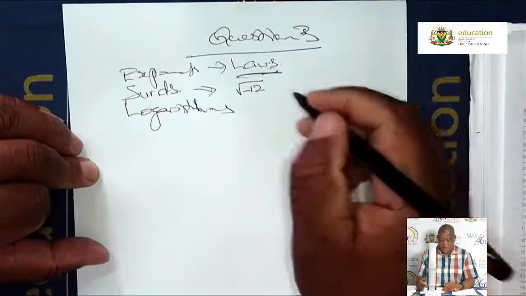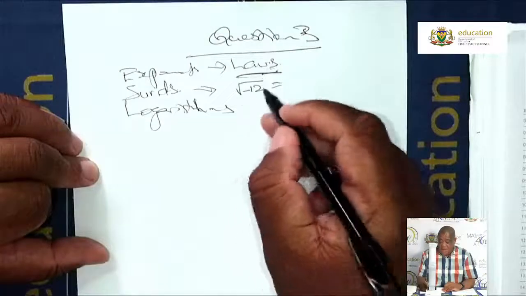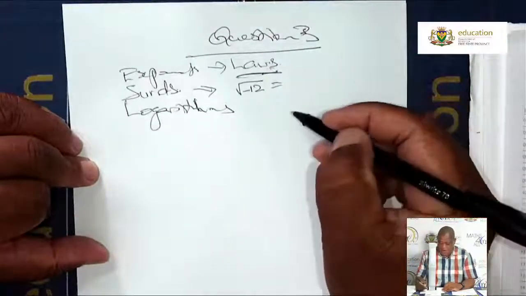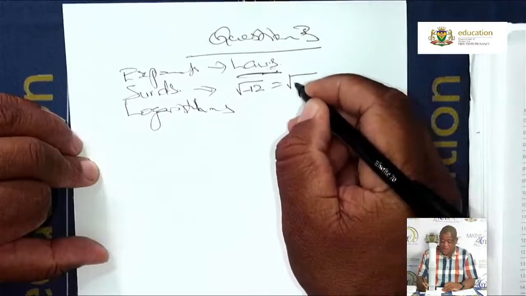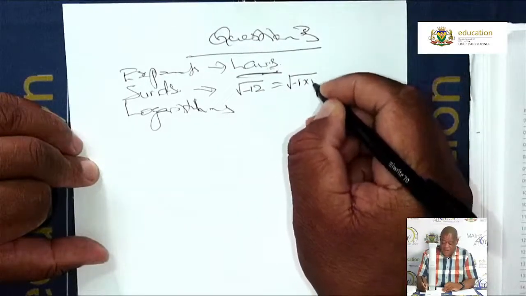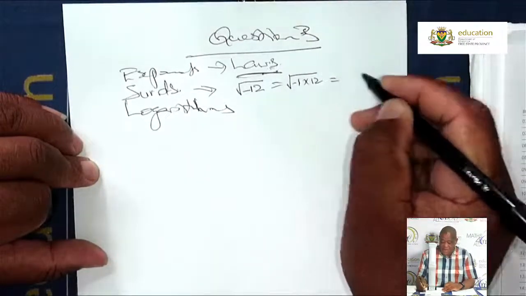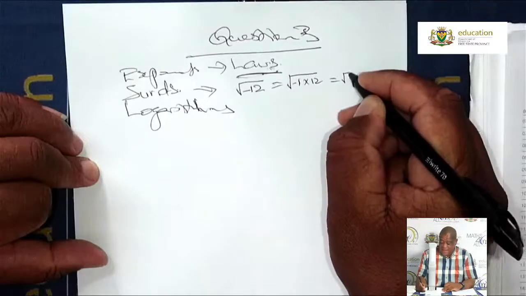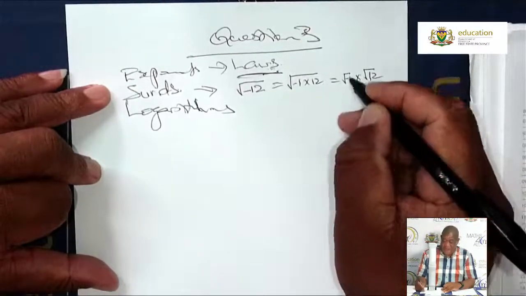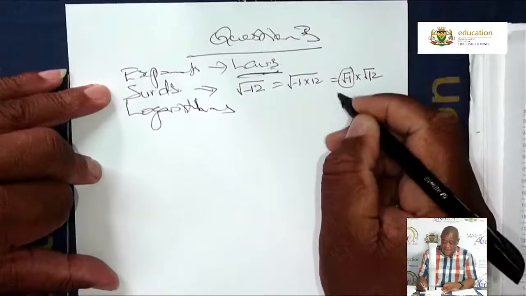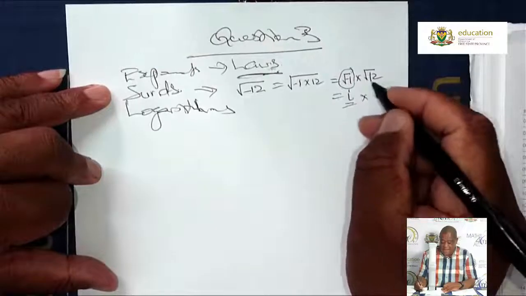Let us be careful of that one, that if we are working this one out, we must bring in the idea of the complex numbers, which of course we must isolate and have as the square root of -1 multiplied by 12. Working it out, we are able to separate and have that as the square root of -1 multiplied by the square root of 12, and now there it is, that square root of -1, which will be regarded as just an i times the square root of 12.